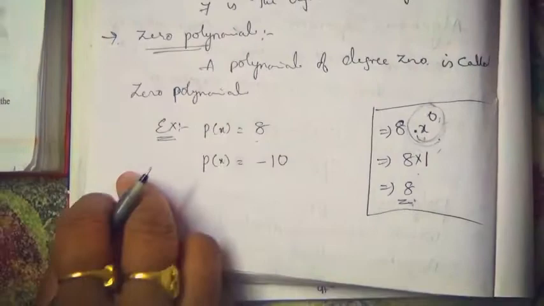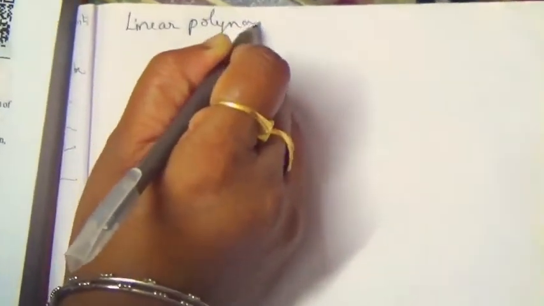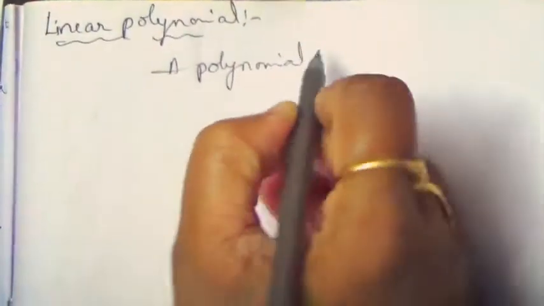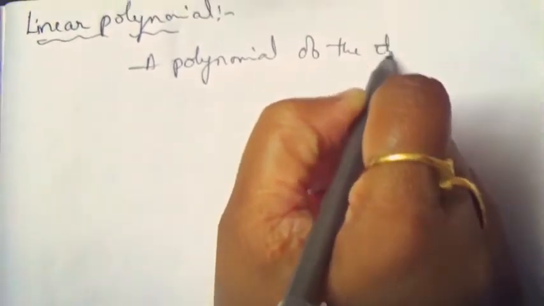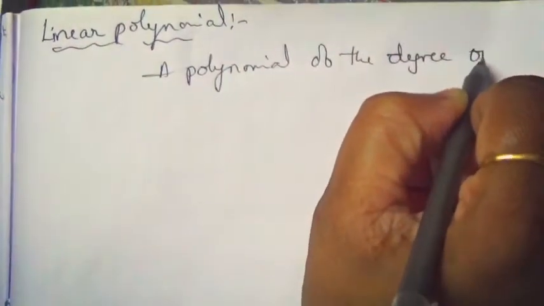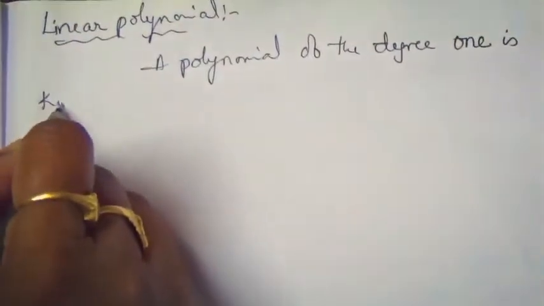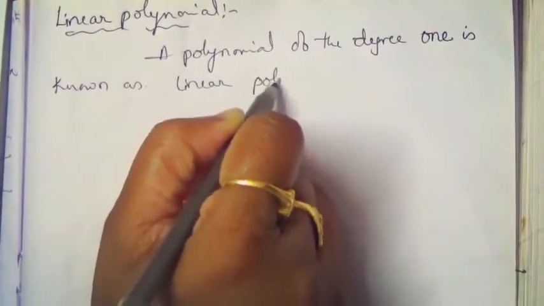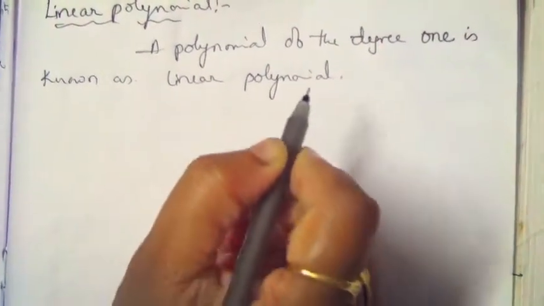Okay. So the next one is linear polynomial. What do you mean by this linear polynomial? A polynomial of the degree 1 is known as a linear polynomial.